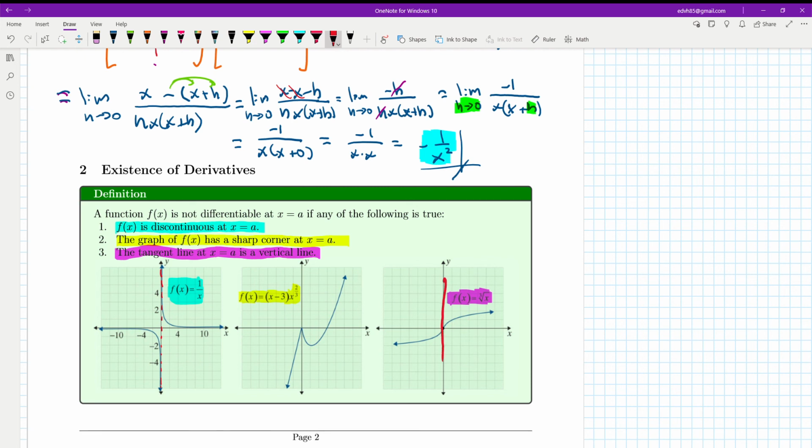And what is the slope of a vertical line? Well, the slope for a horizontal line we said was 0, but the slope of a vertical line is undefined. And that's a fact that we bring up from intermediate algebra. Undefined for the vertical line.